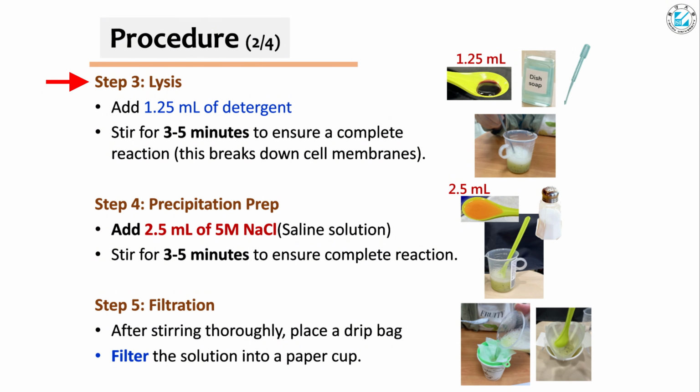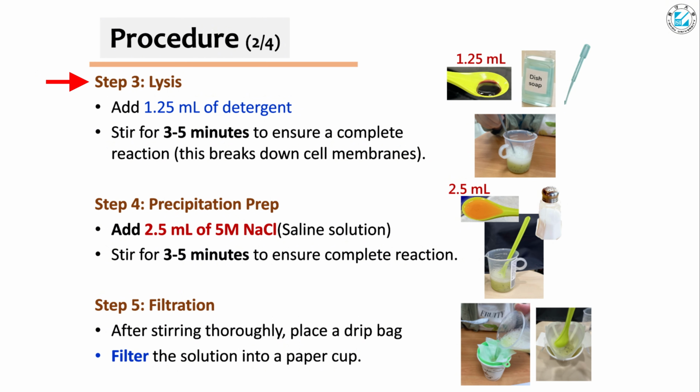To add 1.25 milliliters of detergent, stir for 3 to 5 minutes to ensure a complete reaction. The detergent breaks down the cell membranes like this figure. Sure.